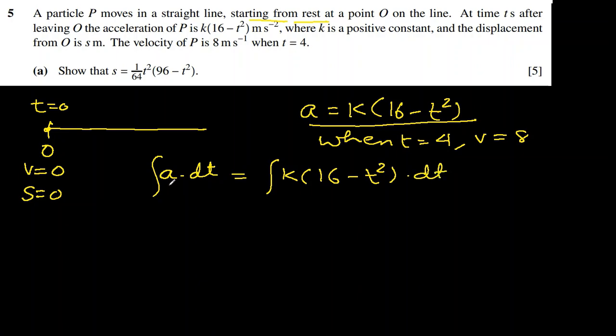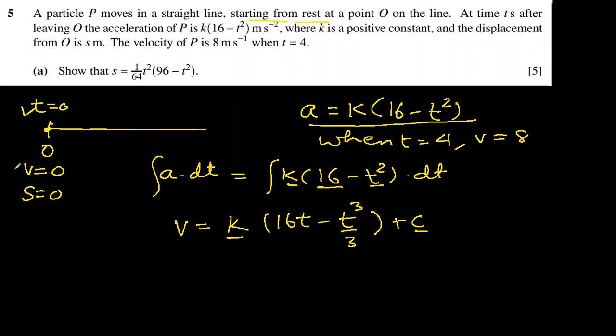So integration of acceleration is velocity. k is a constant, so we'll keep it out. We'll just integrate 16 first. So 16t minus this one will be t to the power 2 plus 1, which is 3, over 2 plus 1, which is 3, plus c. So we need to evaluate c before we get the value of k. To evaluate c, this will help.